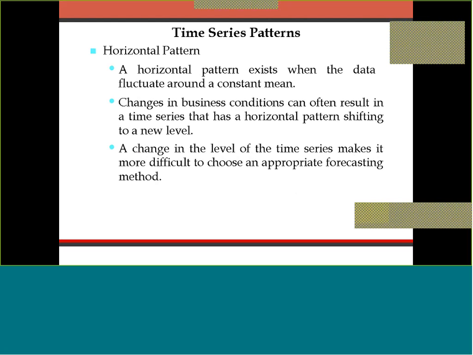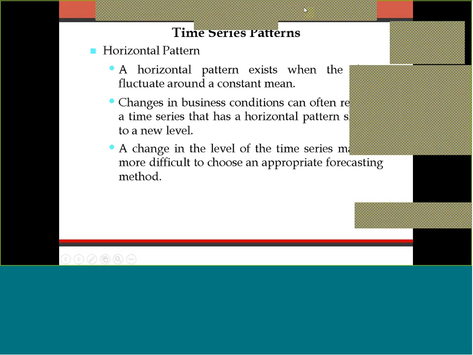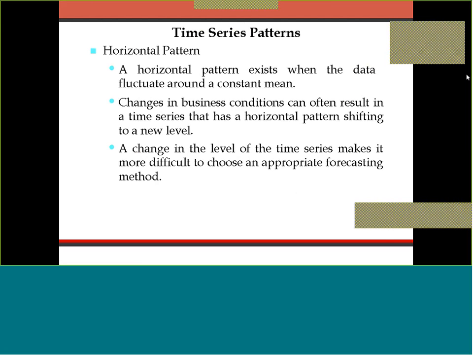So what do you mean by a horizontal pattern? A horizontal pattern exists when the data fluctuate around a constant mean. Suppose the data is fluctuating around a constant mean, then we observe a horizontal pattern.